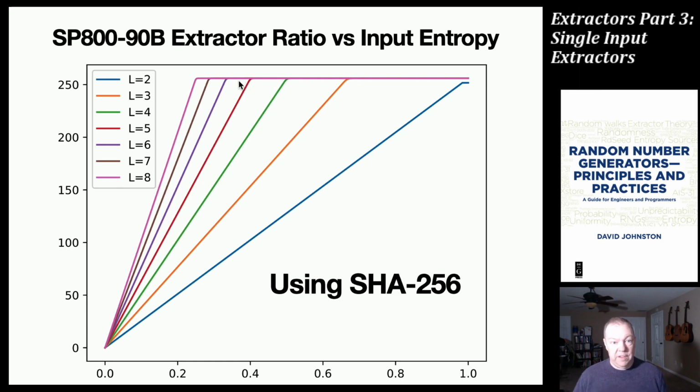So you've got this engineering choice of what extraction ratio do I use, and the higher the extraction ratio, the lower the entropy you can tolerate on the input. However, this is not completely clear cut, because although it looks like this saturates at 256, it never actually gets to 256.